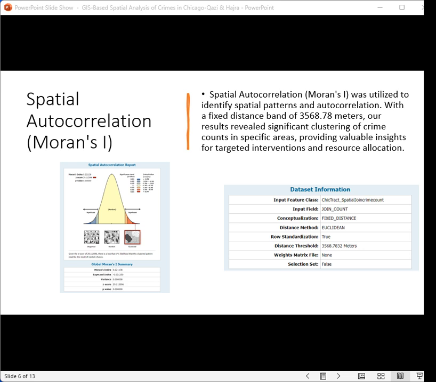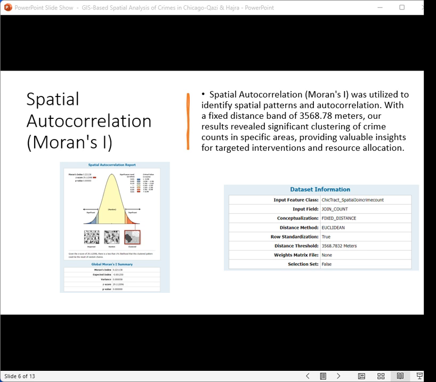This is where spatial joins come in, allowing users to combine diverse datasets such as Chicago boundaries and crime incidents based on their spatial connection. This investigation provides a holistic view.